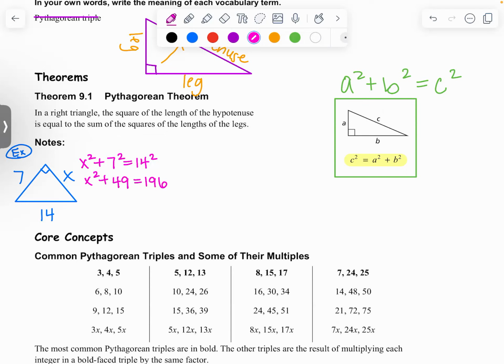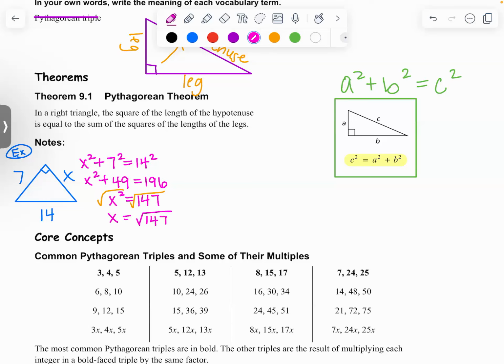When we subtract 49 over, can somebody tell me what 196 minus 49 is? 137? 147. All right, so now we know that we need to square root both sides so that x is the square root of 147.